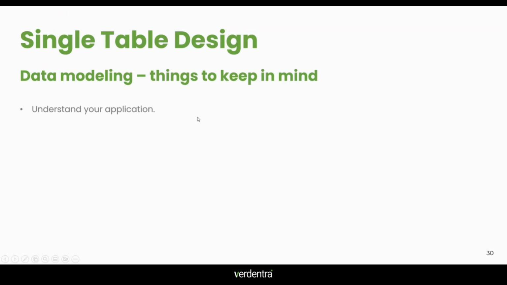What are the data access patterns, how they're getting used, and things like that. And the second thing is you need to create an entity relationship diagram, ERD, and analyze what are the entities in your application and what are the relationships between them, so that you can get a better idea on how to model your data to support different access patterns.